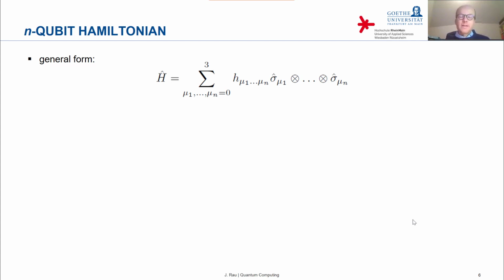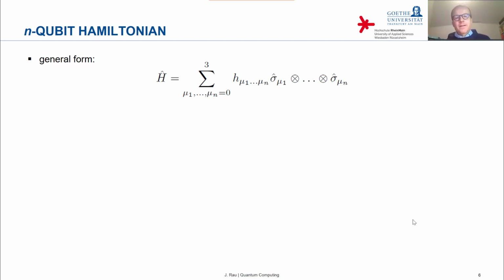And this applies in particular to the Hamiltonian. And this formula shows this general form. So any Hamiltonian can be written as a linear combination, that's the sum, with real coefficients. This is the little h.